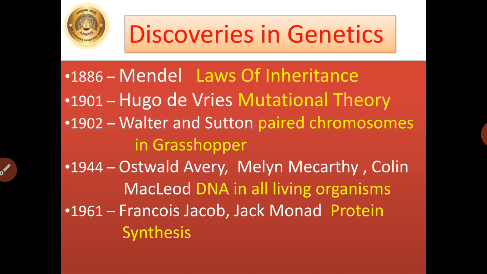Students, you all must be knowing that nowadays we all are facing the corona pandemic situation. This corona pandemic has been caused because of the COVID-19 virus. The vaccine for this corona pandemic, the research is going on, and for that this genetics is very much helpful.